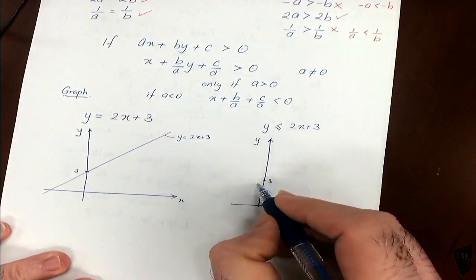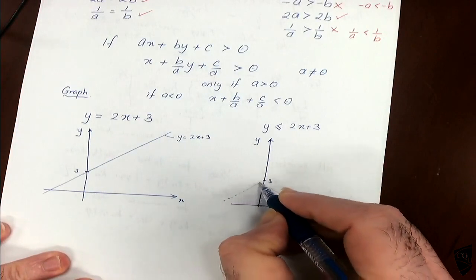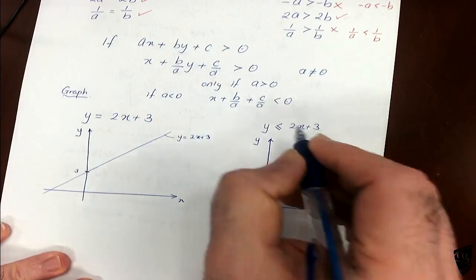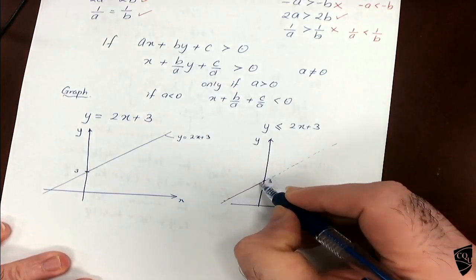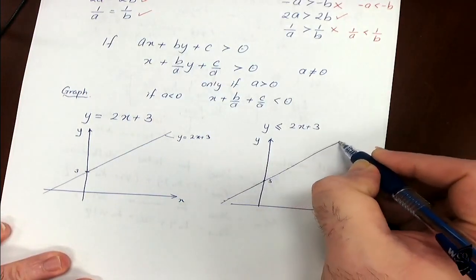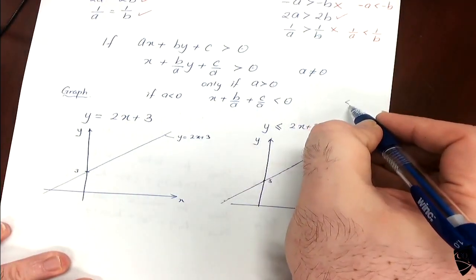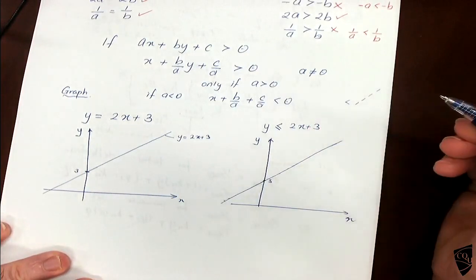If it is equal, it's a continuous line. If it is not equal, it should be a dotted line. Since it is equal here, it's a continuous line.